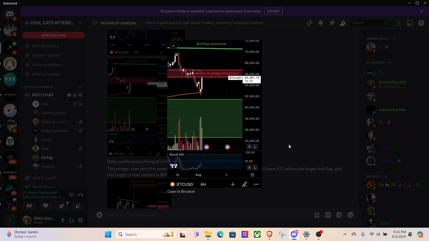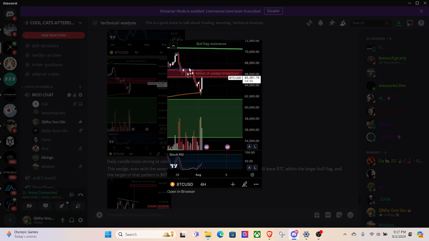You also have the 4 hour 50 SMA, which when you lose that as support, you tend to test it as resistance, and that explains a bit of the move up we had after losing the 4 hour 50 SMA as support. We retested it as resistance, and we're having some trouble getting above that. So breaking those levels would be critical for even having a conversation about 70K before going to lower numbers than we've seen today. That's pretty much what I have to say about the 4 hour.